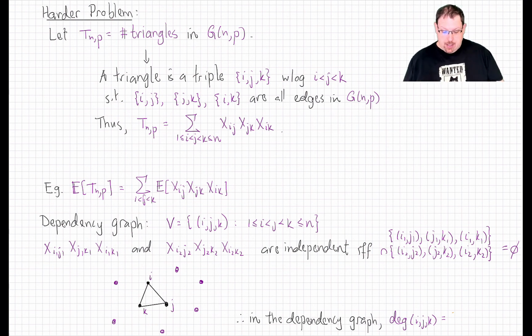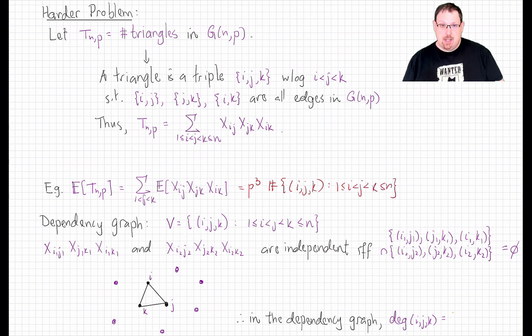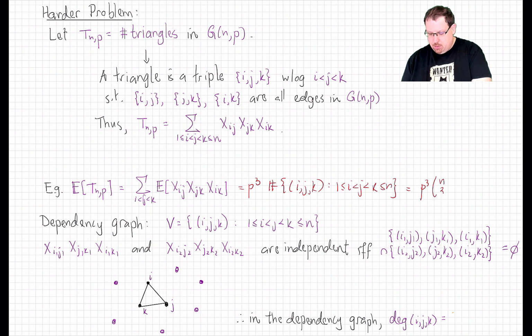Now, some things are easy to pick off right from there. For example, the expected number of triangles is just going to be the sum of the expected values of these guys here, and that means that this is equal to p cubed. And what we're left with is to count the number of terms here, which of course just means that we have to choose 3 distinct numbers from among the n choices, which is the definition of n choose 3.